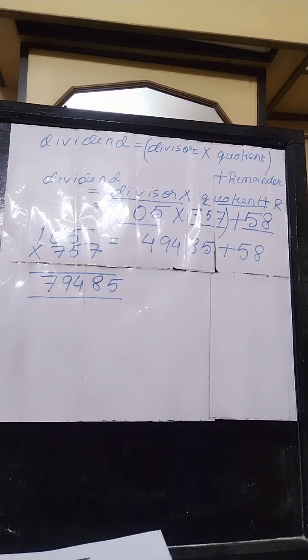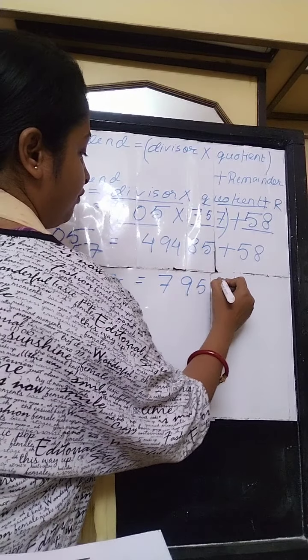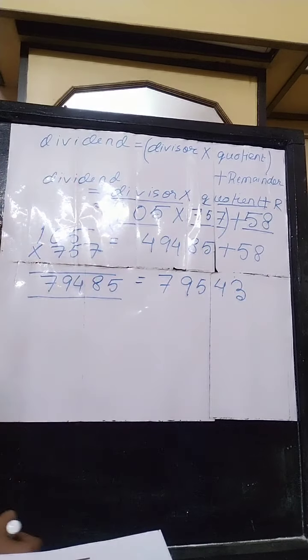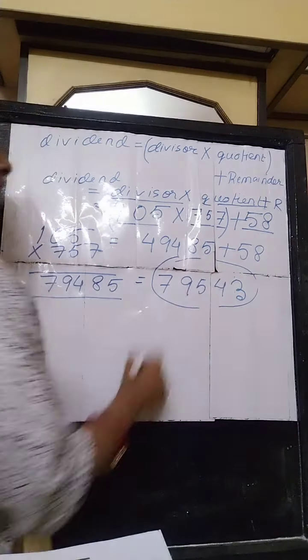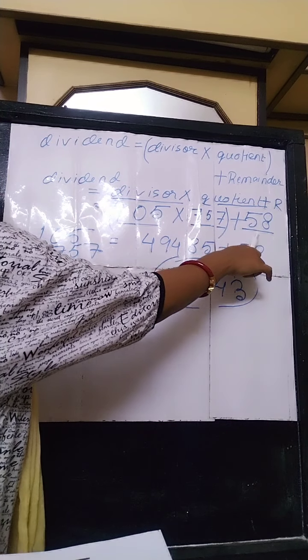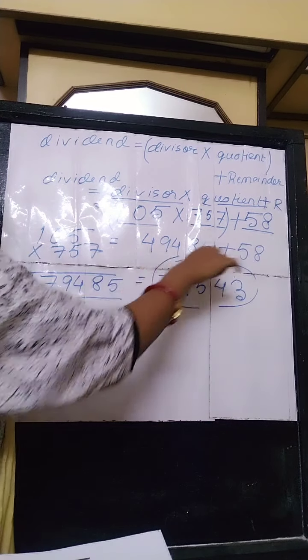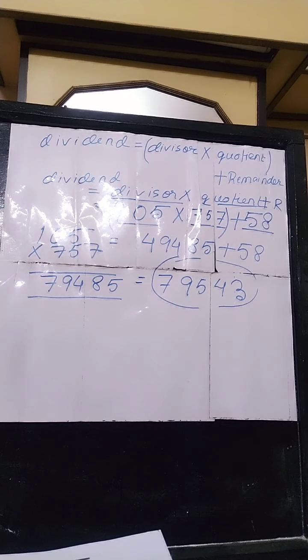So answer will be 79543. 79543 will be the answer. This is the required dividend in the sum. You have to multiply the divisor and the quotient, and you have to add the remainder with the multiplication to get the ultimate dividend. That is the answer of the sum.